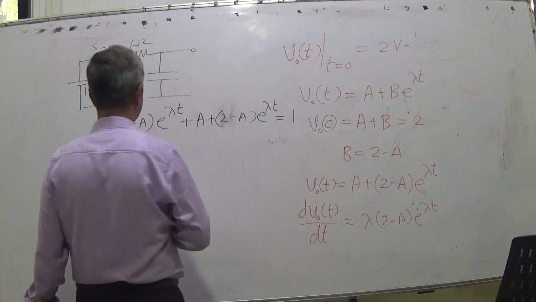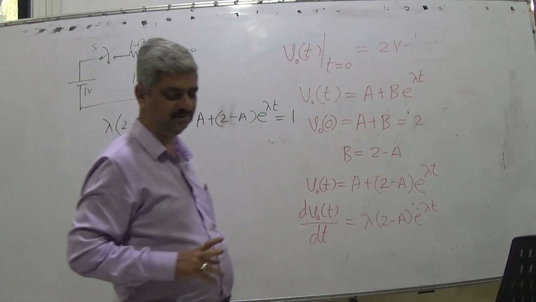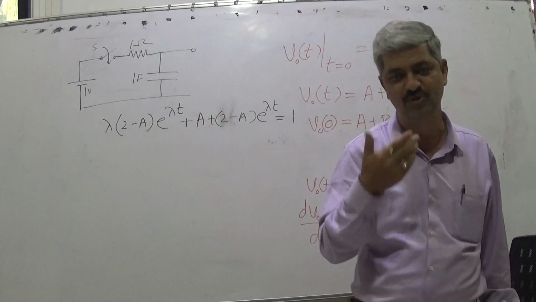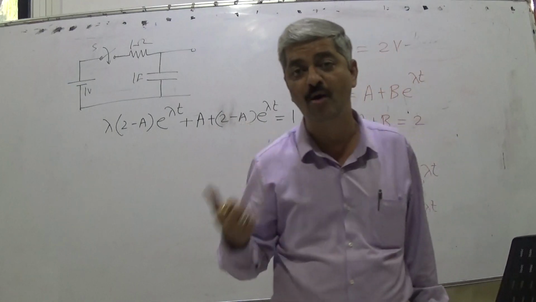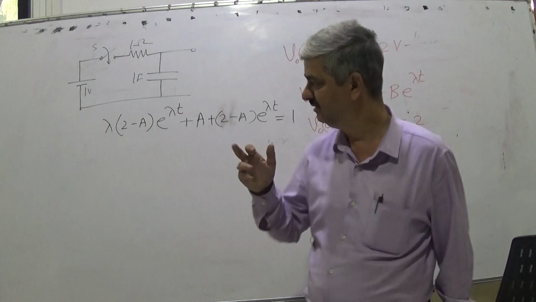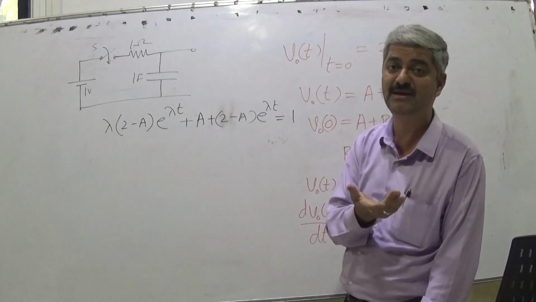This is one equation with two variables, a and lambda. Otherwise, one equation and two unknowns gives multiple solutions.